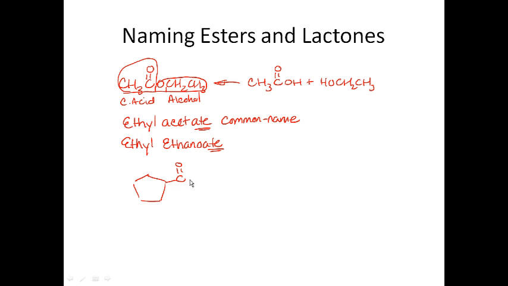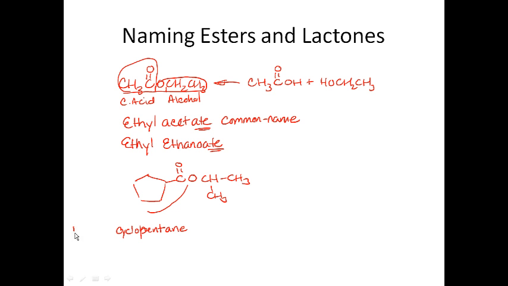Let's say I had this. The first question would be, okay, here is my carboxylic acid part. What do I call this? And this would be a cyclopentane.